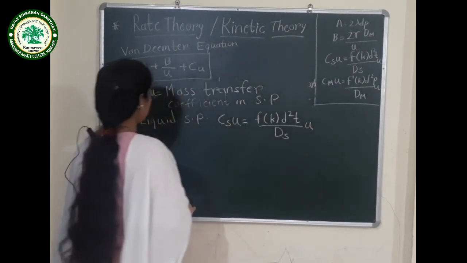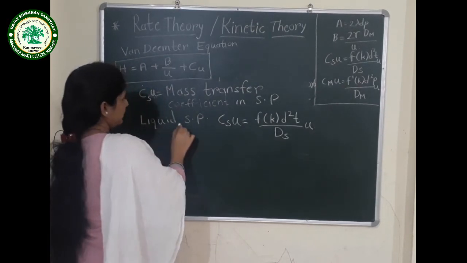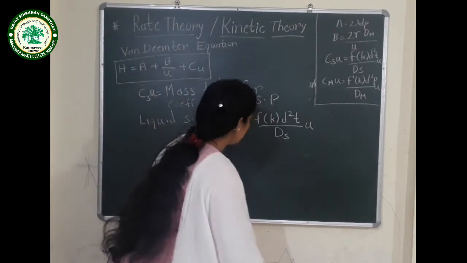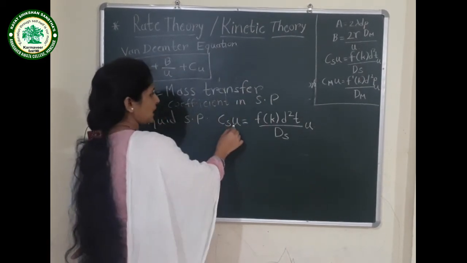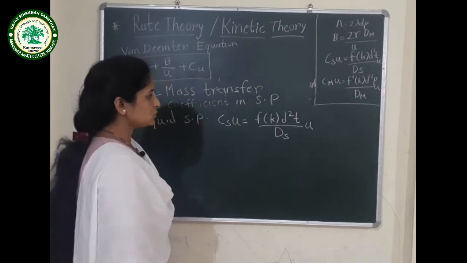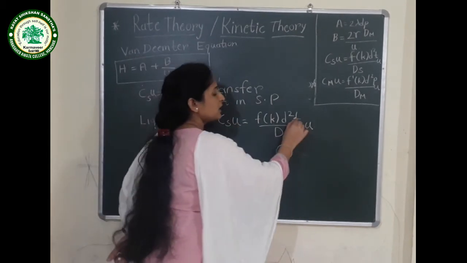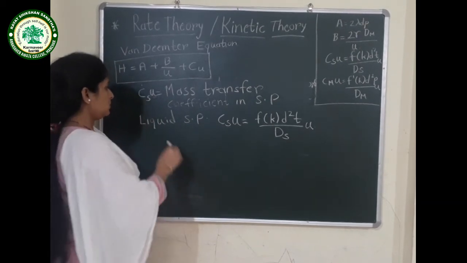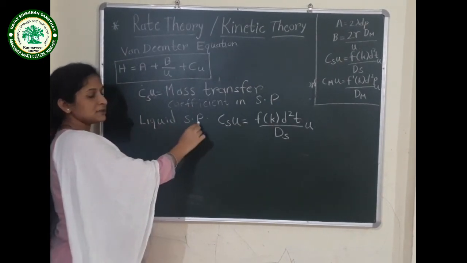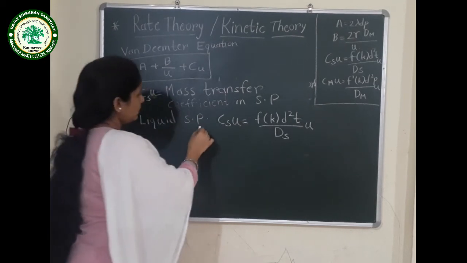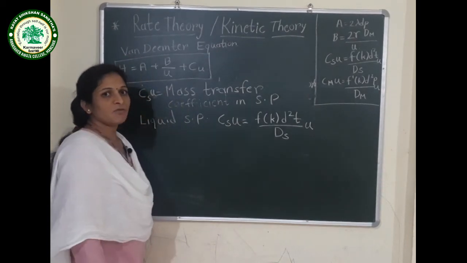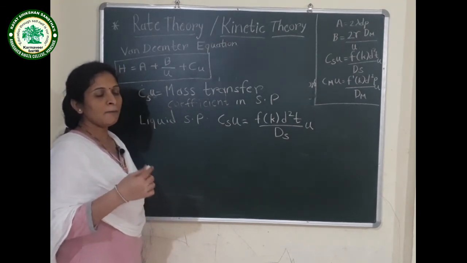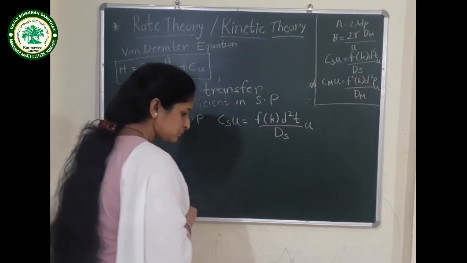This is the equation for the liquid stationary phase coated on the solid support. In this case, the mass transfer is directly proportional to the square of the thickness of the liquid coating on the stationary phase. When we are using a liquid stationary phase in the column, then mass transfer is directly proportional to the square of the thickness of the liquid coating.